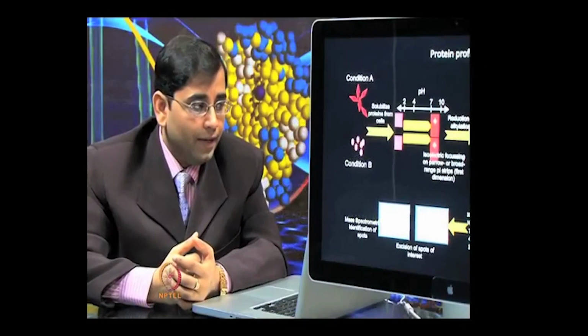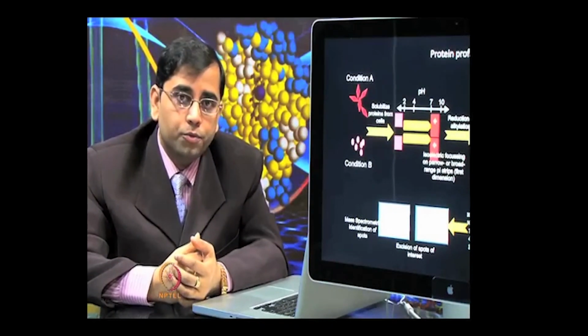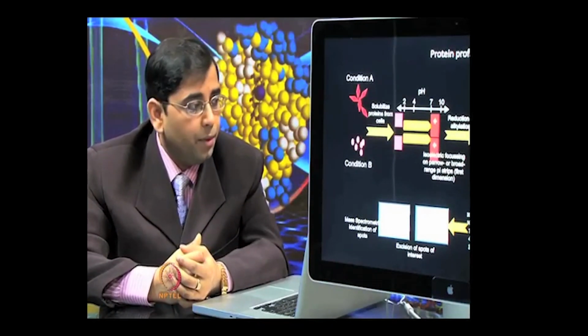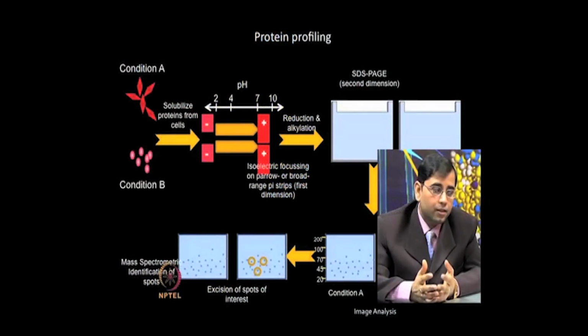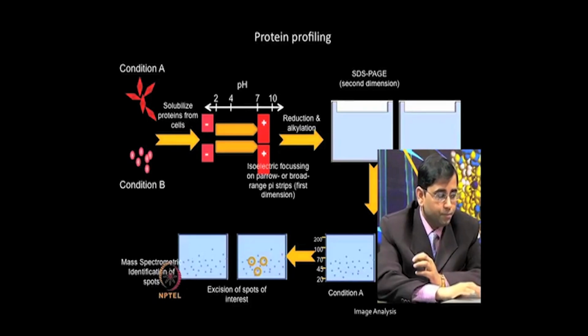So, for protein profiling, if you want to compare your different sample types from condition A to condition B, you need to solubilize the proteins from the cells and separate all the proteins by applying the pH gradient which is shown here in the first dimension.